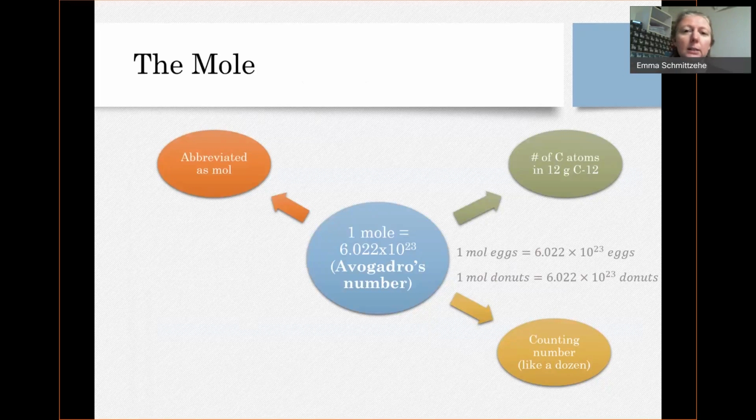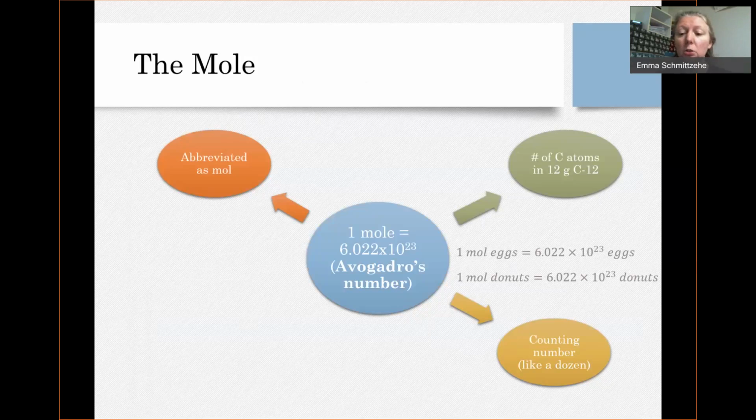But again, like I said, that's kind of silly. We don't use that large of a grouping number for macroscopic objects because we're not going to have that many. But when we're dealing with atoms and molecules and ions, things like that, we do have sample sizes on the order of moles. And so we use this as our clustering number.